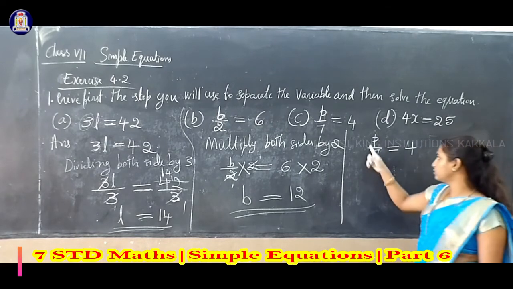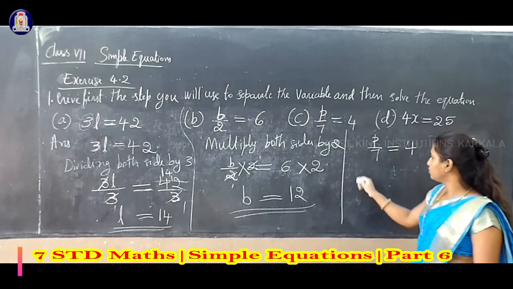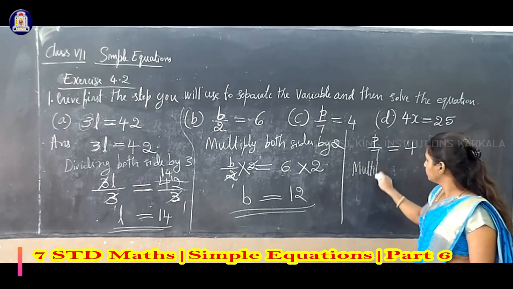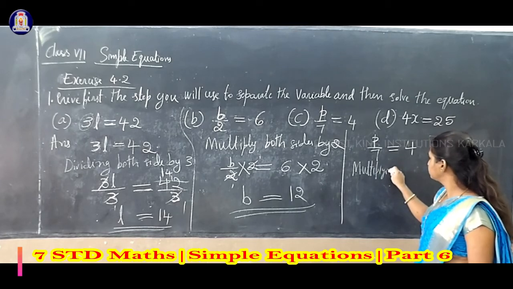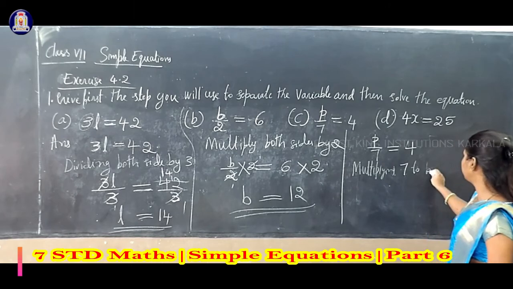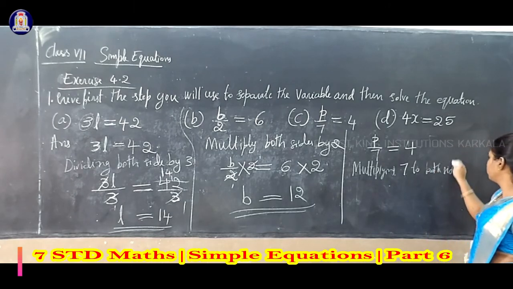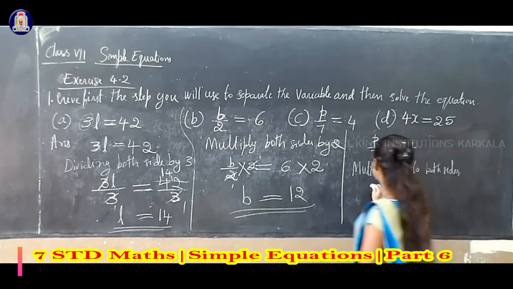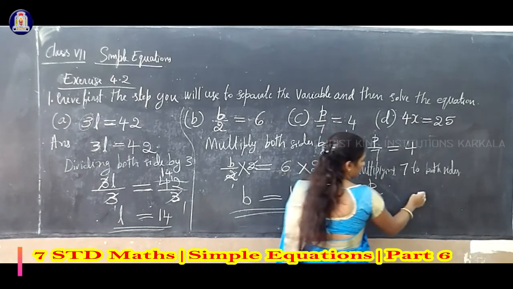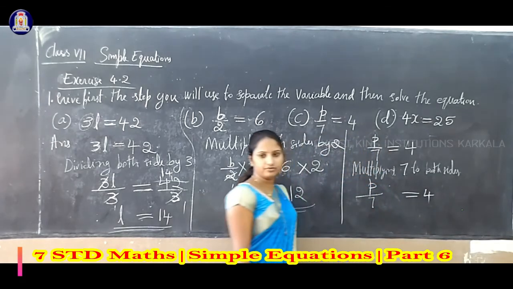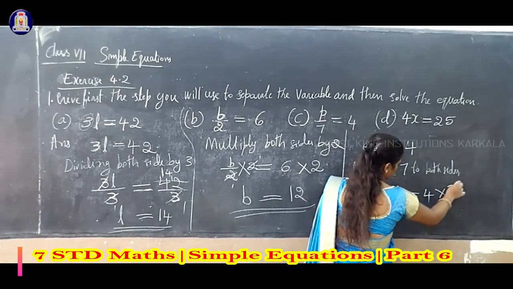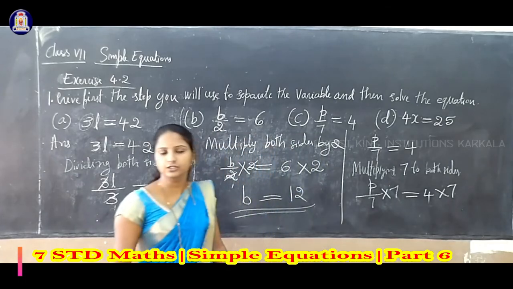This is divided, so we write multiplying 7 to both the sides. P divided by 7 is equal to 4. So to remove this 7, we have to multiply 7 to both the sides.